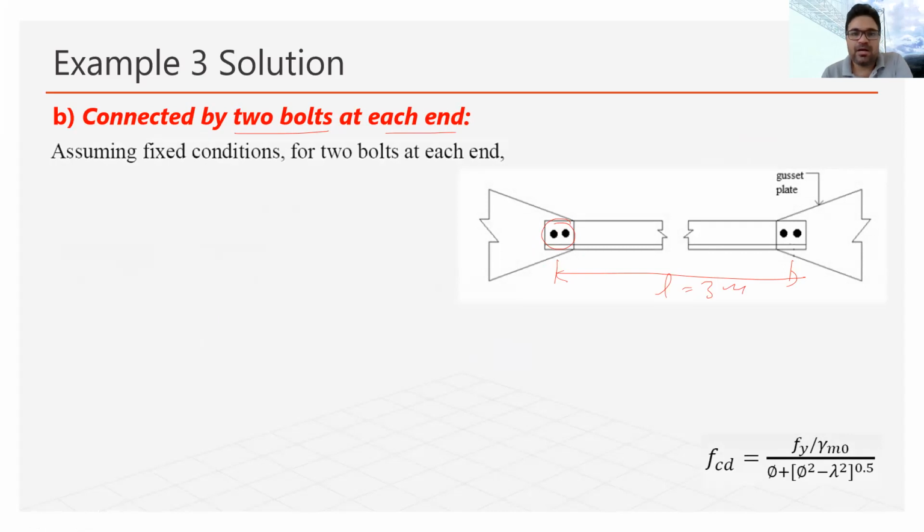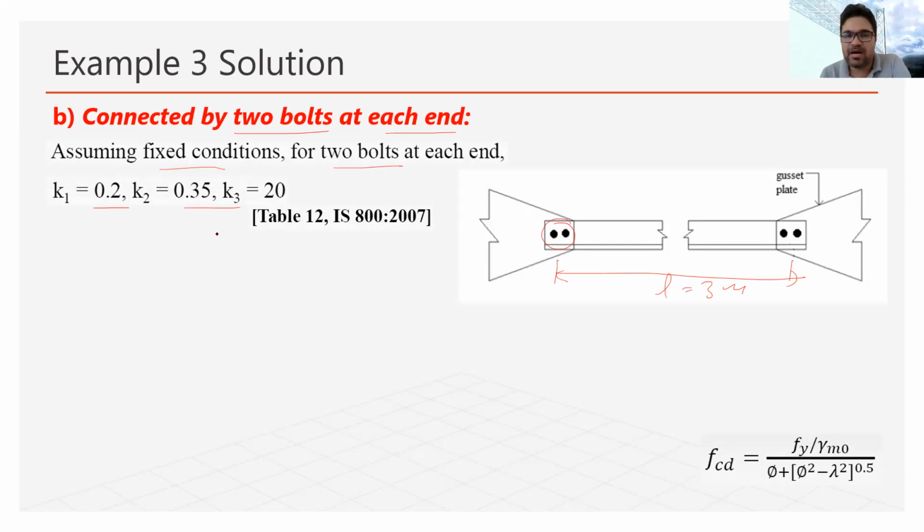So again, to find out the values of K1, K2, K3, we will assume the fixed end conditions, and for two bolts, the K1, K2, K3 values can be found just as we have done in the previous case. So by using table 12 again, the K1, K2, K3 values for two bolts having fixed end condition are these.